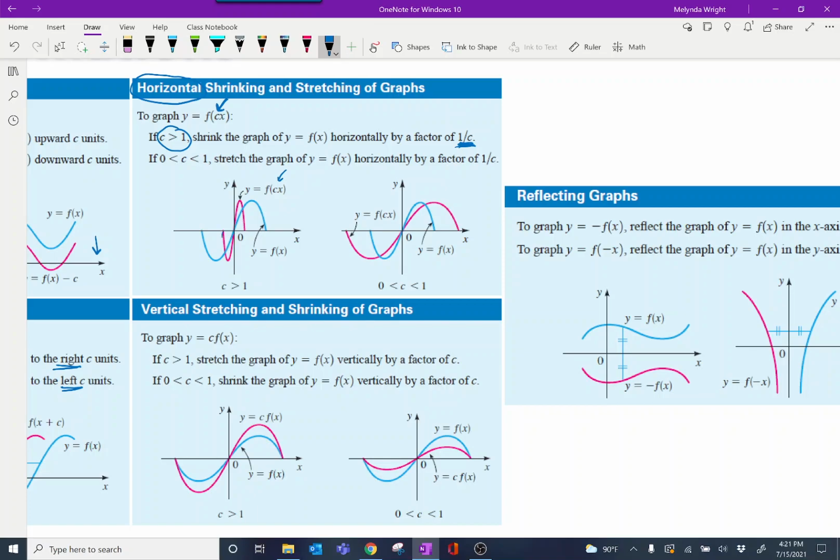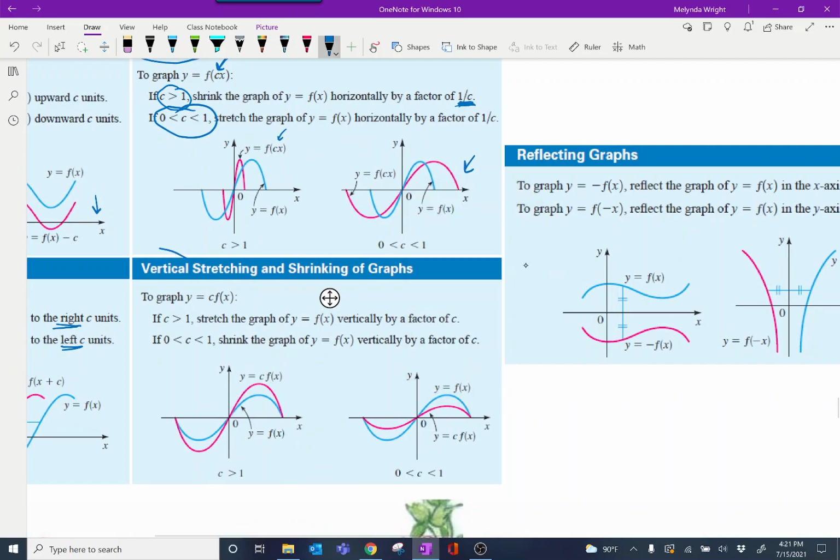So that creates a more compact graph. But if the number c is between 0 and 1, then it's going to stretch it out like it did in this example. It's going to make the graph wider and not more compact.